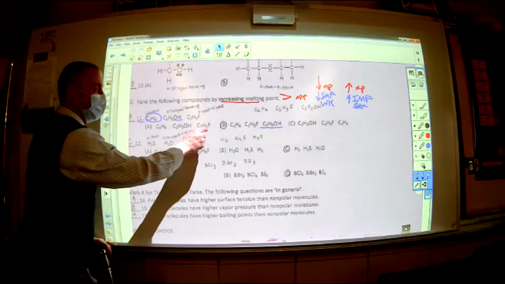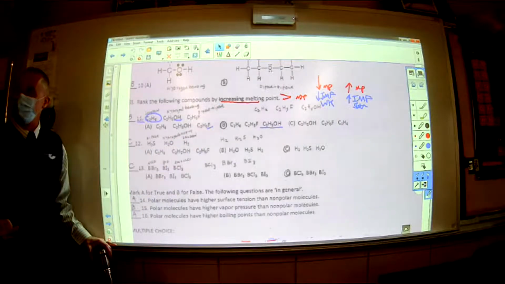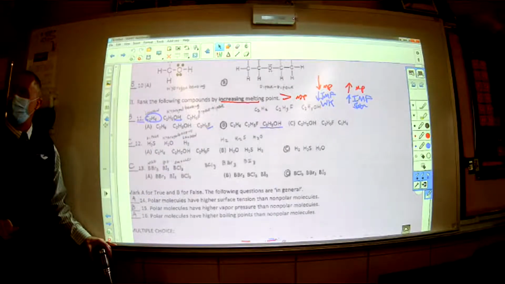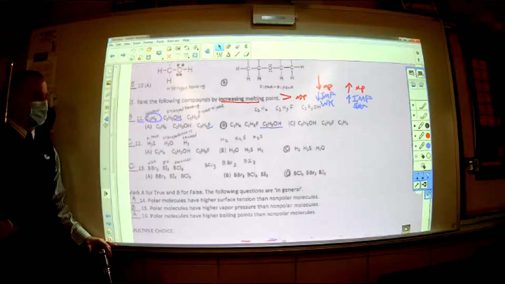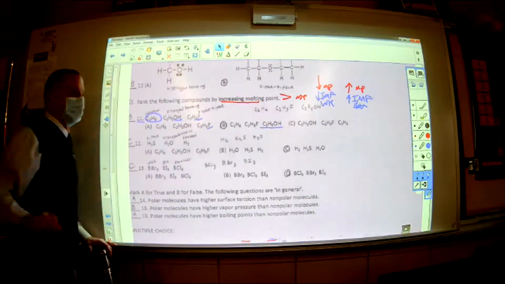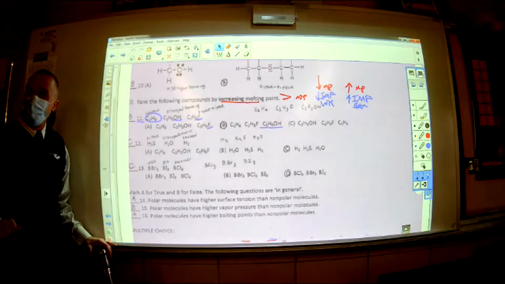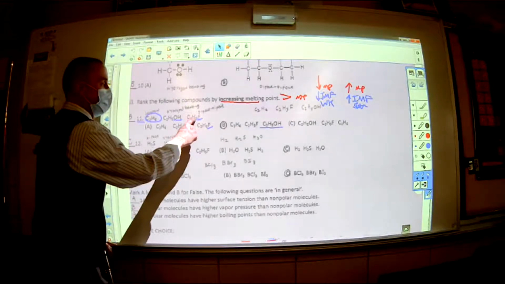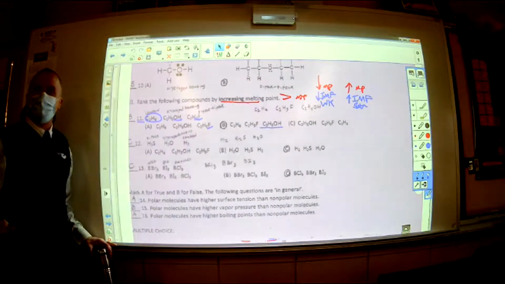This one has an asymmetrical fluorine. That fluorine on there is going to ruin any symmetry that molecule might have. Fluorine is really strong. But how do I know the fluorine is not on the hydrogen?